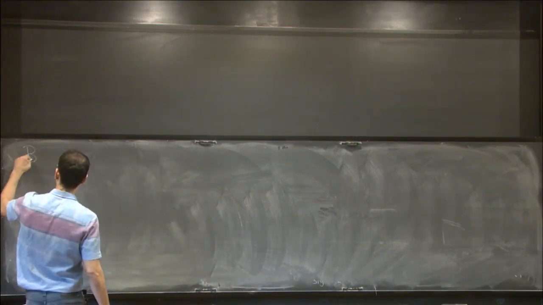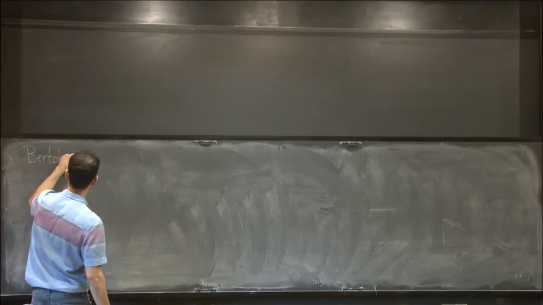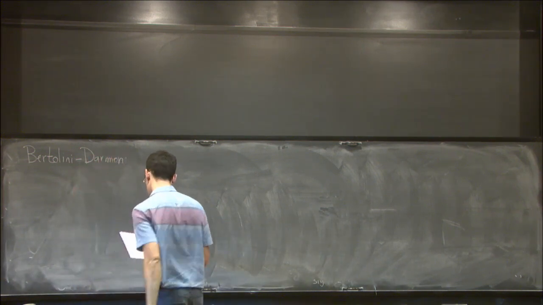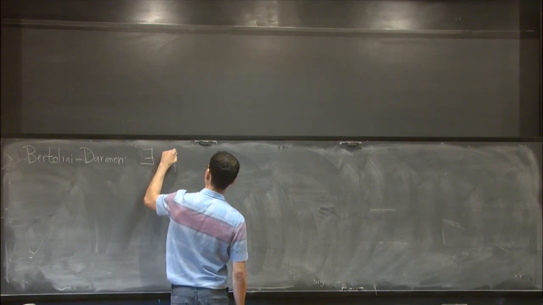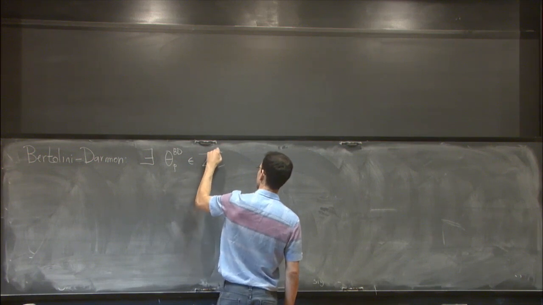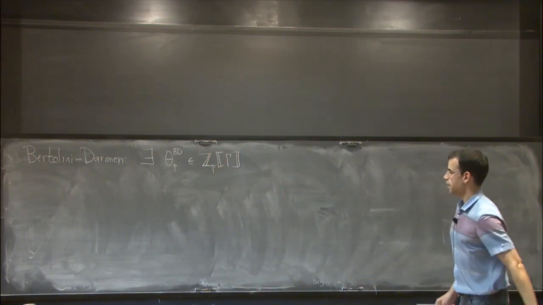Okay, so by the work of Bertoni-Darmon from the mid-90s, one knows that there exists an element in the Iwasawa algebra for this group, characterized by another interpolation property.